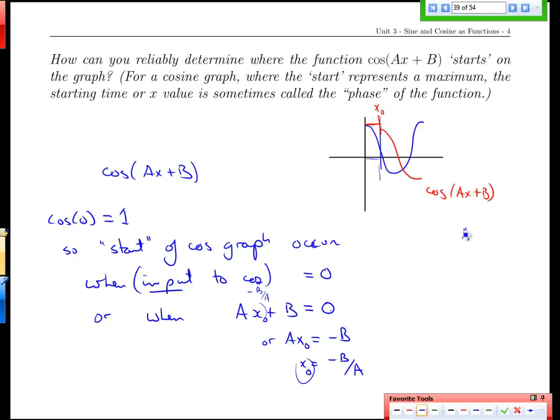Because keep in mind, sometimes these functions are written as products like this instead of the completely expanded version here, and that sometimes complicates things for people when they're getting started. So the easiest way to find out what the shift is, is to set the inside here, whatever it is, equal to 0. Whatever x value that is, that's the x value that's going to give you the peak in the cos graph.